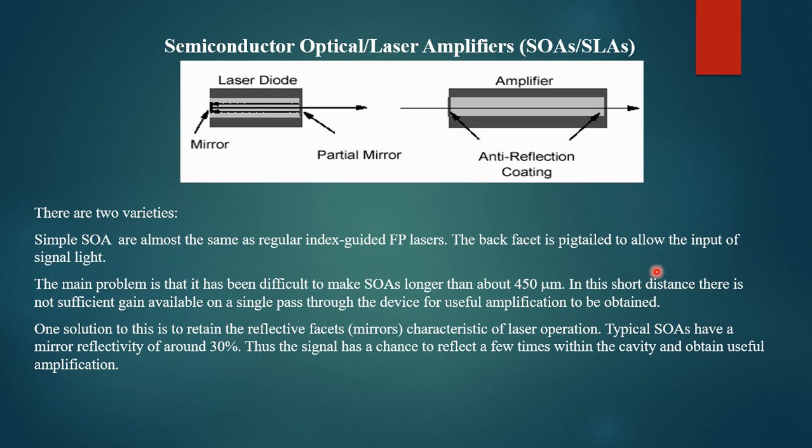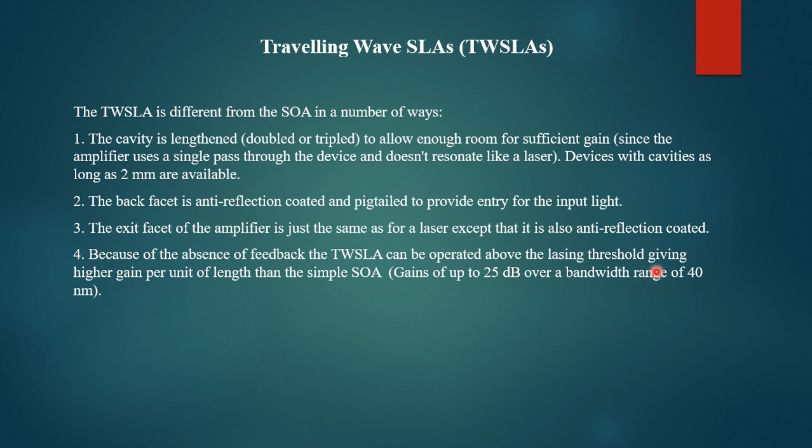The next type is the traveling wave SLA. The traveling wave SLA is different from the SOA in a number of ways. The cavity is lengthened, doubled or tripled, to allow enough room for sufficient gain, since the amplifier uses a single pass through the device that doesn't resonate like a laser.